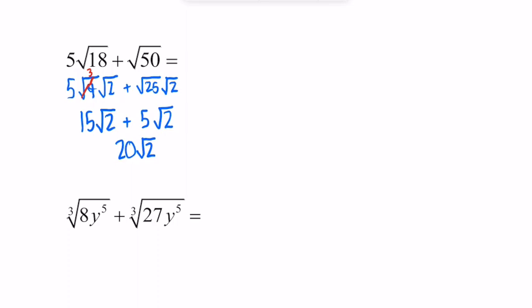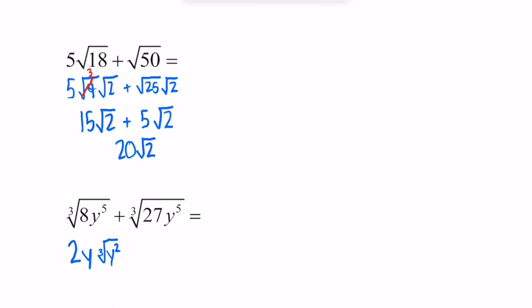Looking at the next part, when we're calculating the cube root of 8y to the 5th, the cube root of 8 is exactly 2. For the cube root of y to the 5th, 3 goes into 5 once with a remainder of 2. So we'll have y to the 1st and then the cube root of y squared.